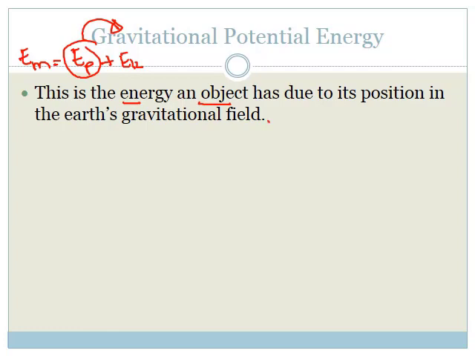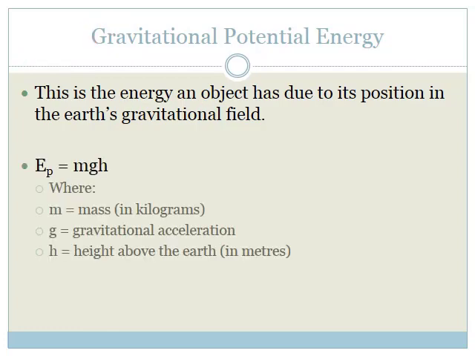In other words, we're really saying, how high is it? The definition of that gives you this formula where EP, the gravitational potential energy, is equal to mass times gravity times height.